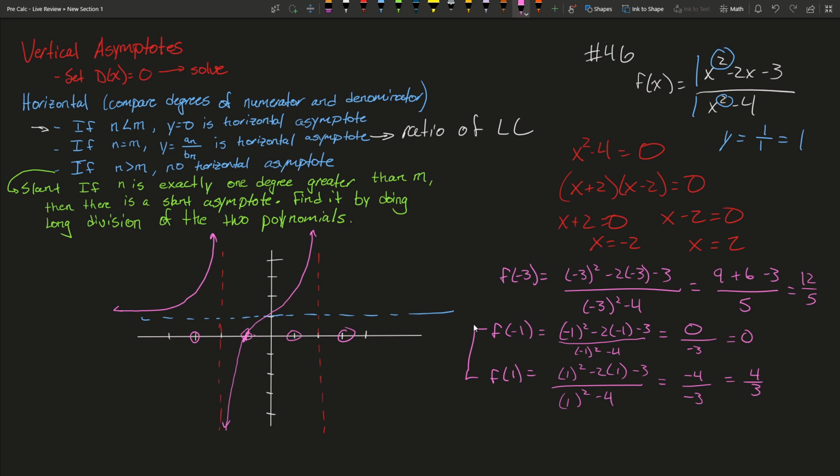So then we take a value to the right. So we'll take 3, and evaluate that.